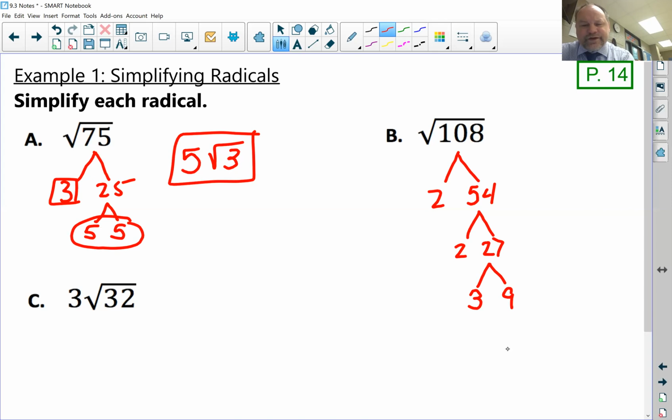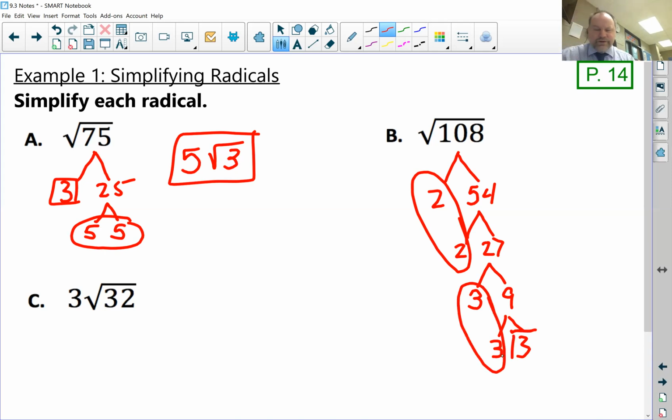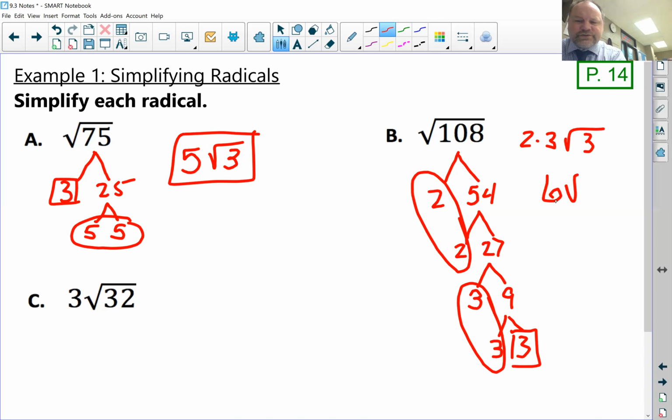I'm going to divide by 3 again. So I have that pair and that pair, and that one is the one that doesn't have a pair. So I get 2 times 3 times the square root of 3, and 2 times 3 is 6, square root 3.